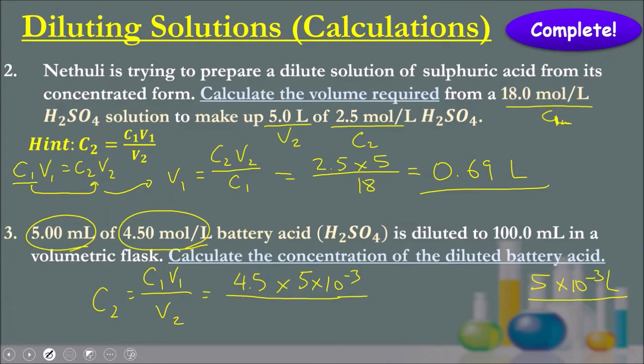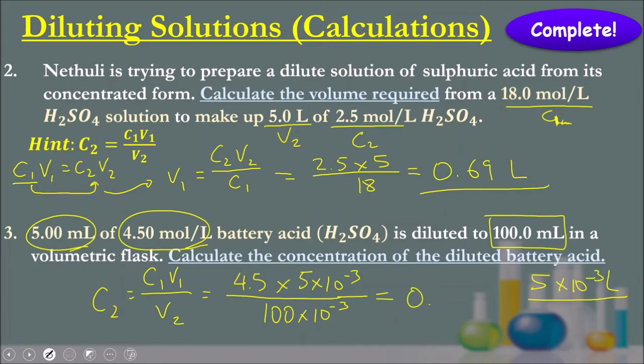Last bit is to work out what V2 is. V2 is given in the question as 100 milliliters. Again, I need to convert that into liters, so it's 100 times 10 to the minus 3. So 4.5 times 5 times 10 to minus 3 over 100 of that.